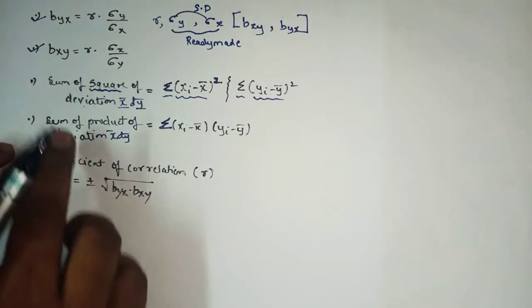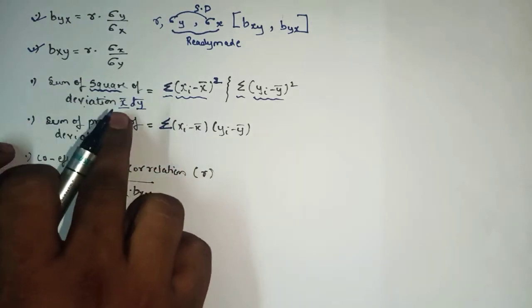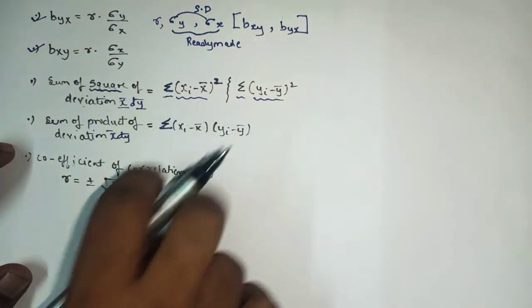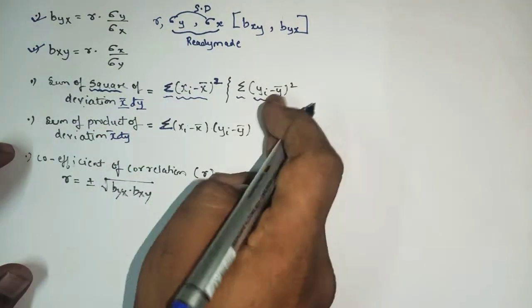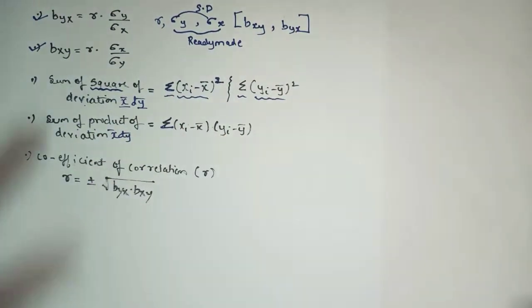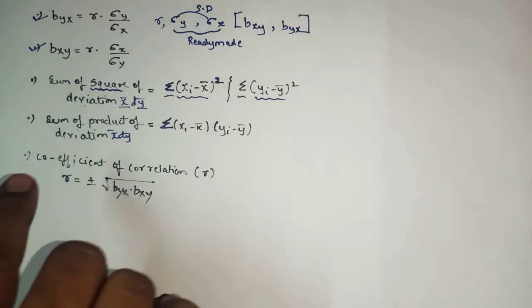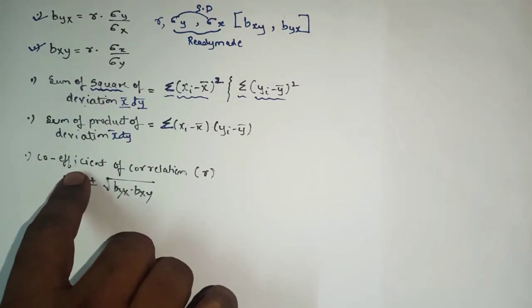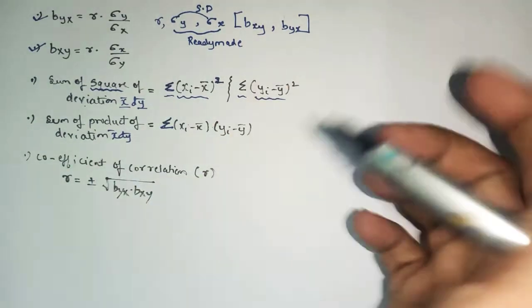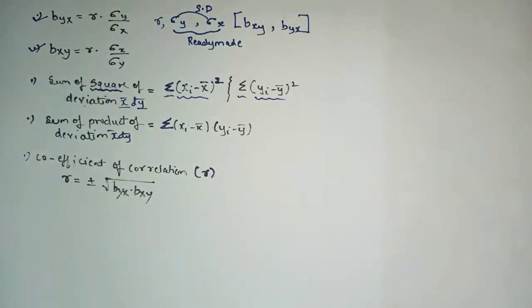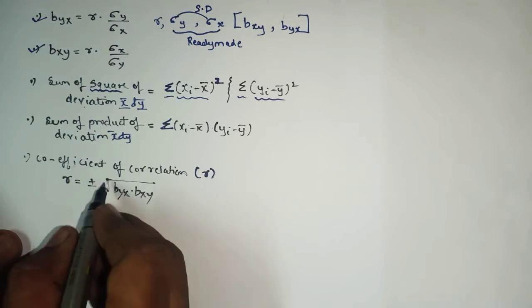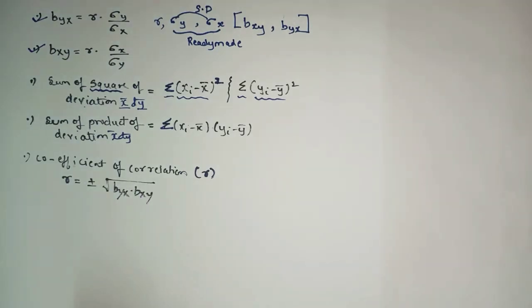So remember, whenever the words sum of the square of the deviation of x mean and y mean come, this will come. When it says sum of the product, you simply multiply these two and then the sigma symbol will come. Okay, so the last one is the coefficient of correlation. As we know, small r stands for the coefficient of correlation. r equals plus minus square root of byx times bxy.